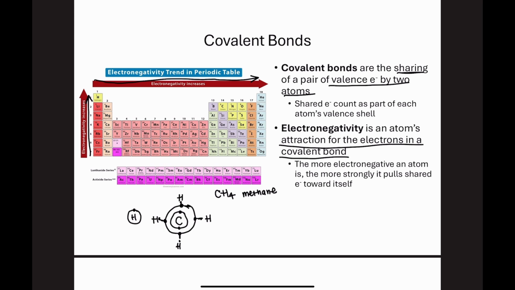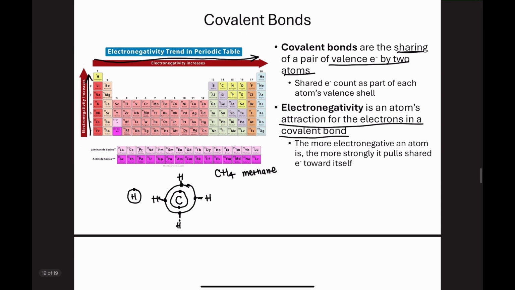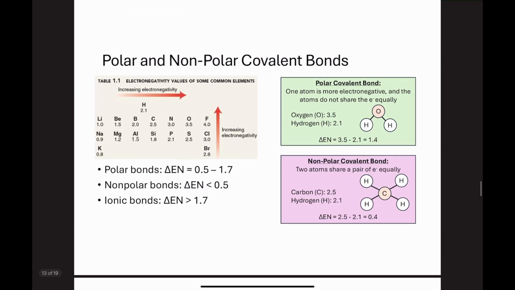Now that we know a little bit about electronegativity, we need to talk about the different kinds of covalent bonds that there are. Covalent bonds can either be polar or nonpolar. When electrons in a covalent bond are shared equally, they are called nonpolar covalent bonds.